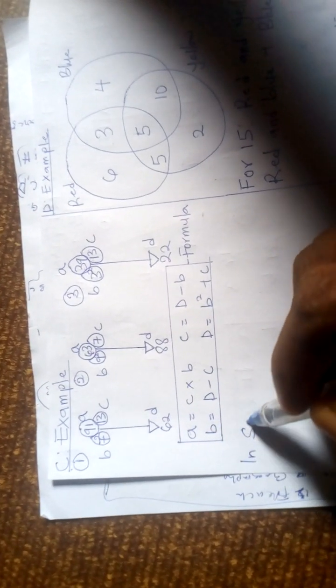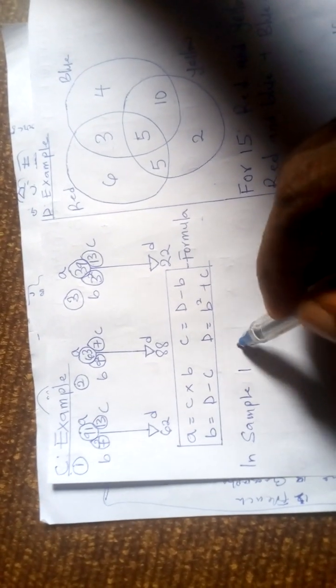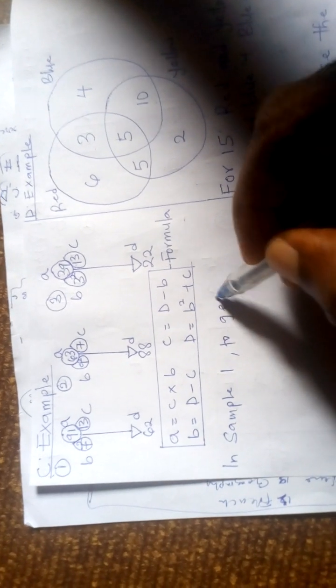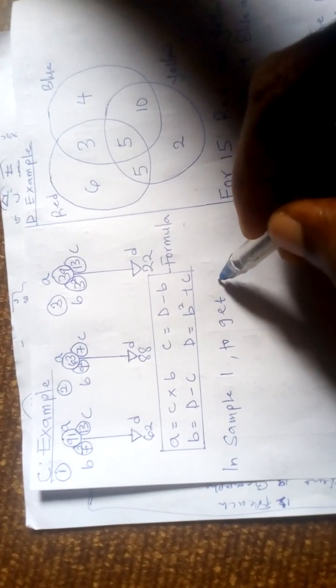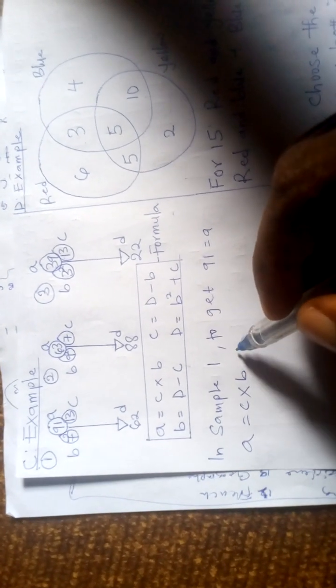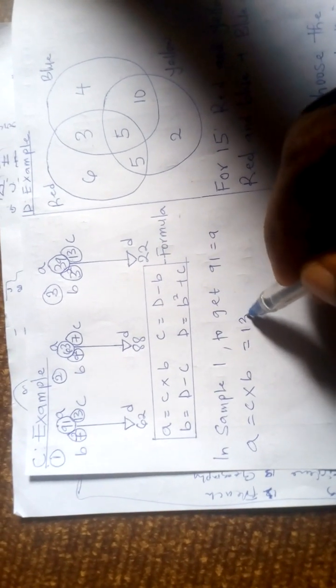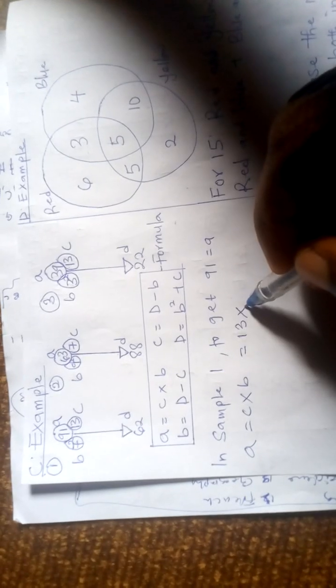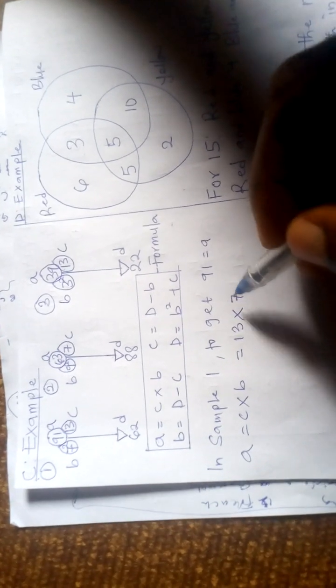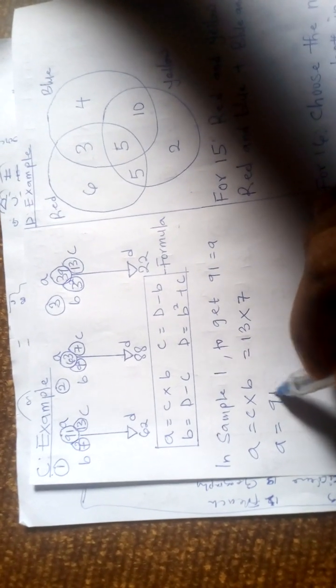In sample 1, to get 91, which is equal to A, A is equal to C times B. Now, if you look at the sample, you will see that C is 13. You also see that B is 7. So A, which is 13 times 7, will give you what? 91.